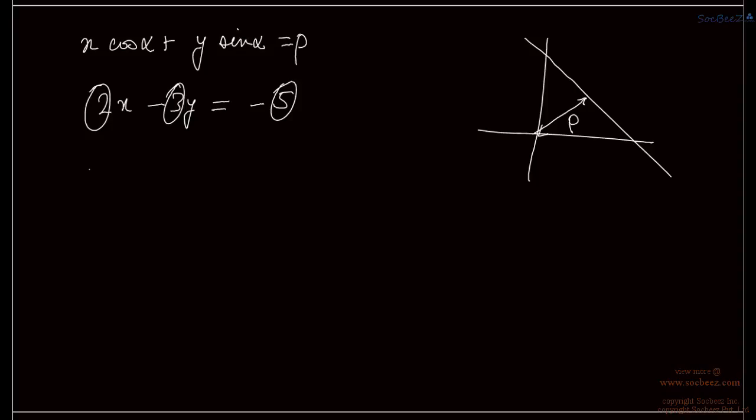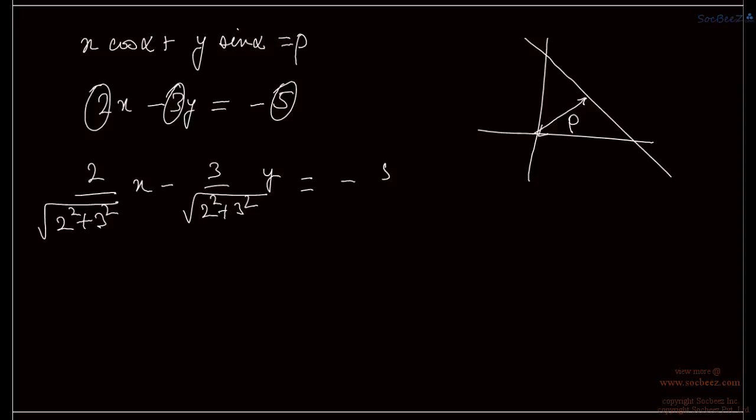So we have 2 upon the square root of 2 square plus 3 square x minus 3 upon the square root of 2 square plus 3 square y. We are basically normalizing so that these values will be less than 1, so that we can call it cos alpha, and hence this is sin alpha. Okay, minus 5 upon the square root of 2 square plus 3 square.